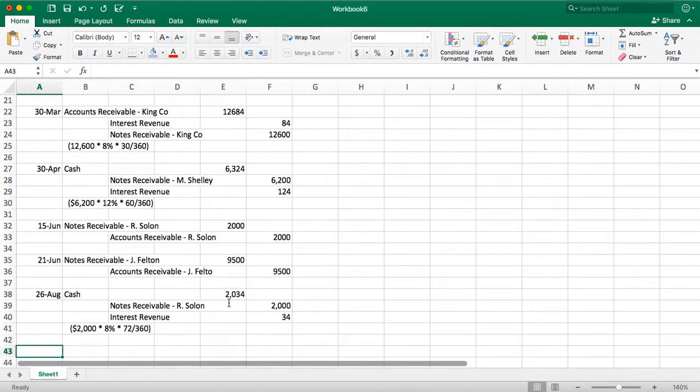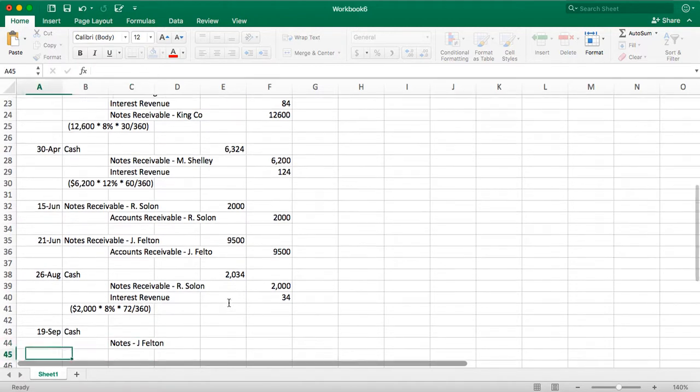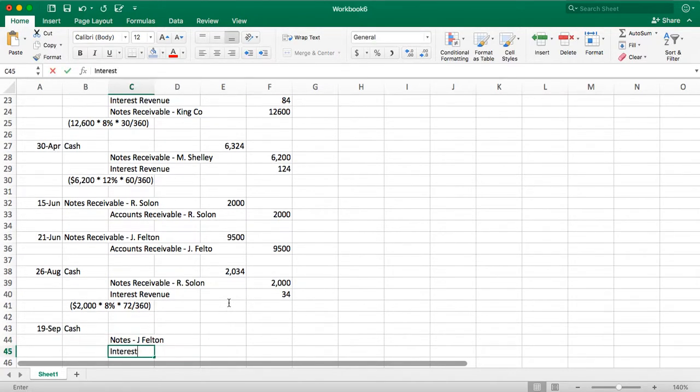Hopefully this is starting to get easy for you. On September 19th, same thing. We had J. Felton pay off the note. So we have notes receivable, J. Felton. We have interest revenue.